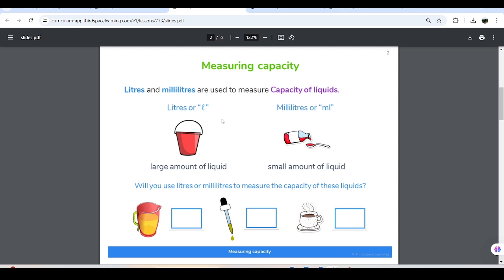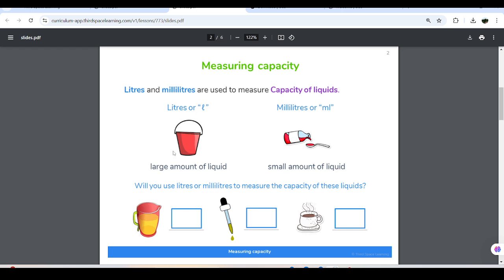For example, on medicine, sometimes it is written take 5 milliliters, because you don't take medicine in large amounts, right? So the unit is milliliter on the covering of the medicine. But if you take a water bottle, it's written 1 liter, 2 liter, right?